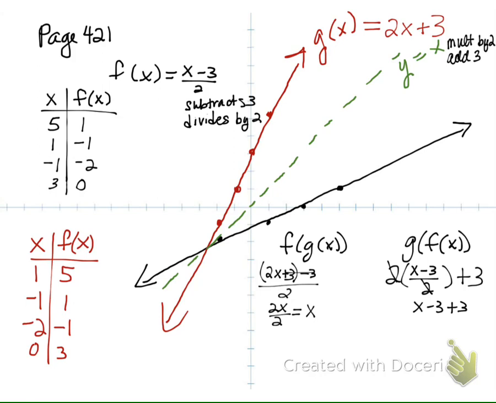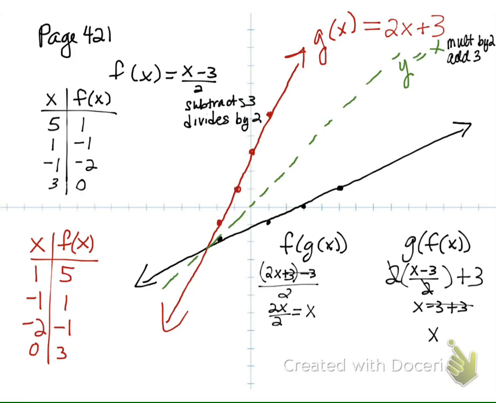The minus 3 and the plus 3 becomes 0. You get x again. So when we have inverse functions and we do f of g of x, we should get x, and when we do g of f of x, we should also get x. That's another way we can test to see if two functions are inverses of each other.